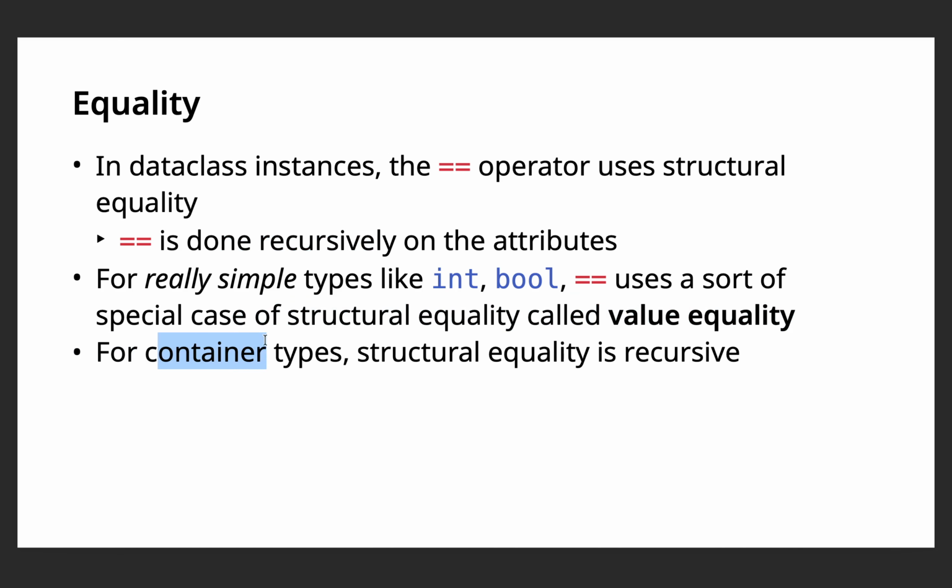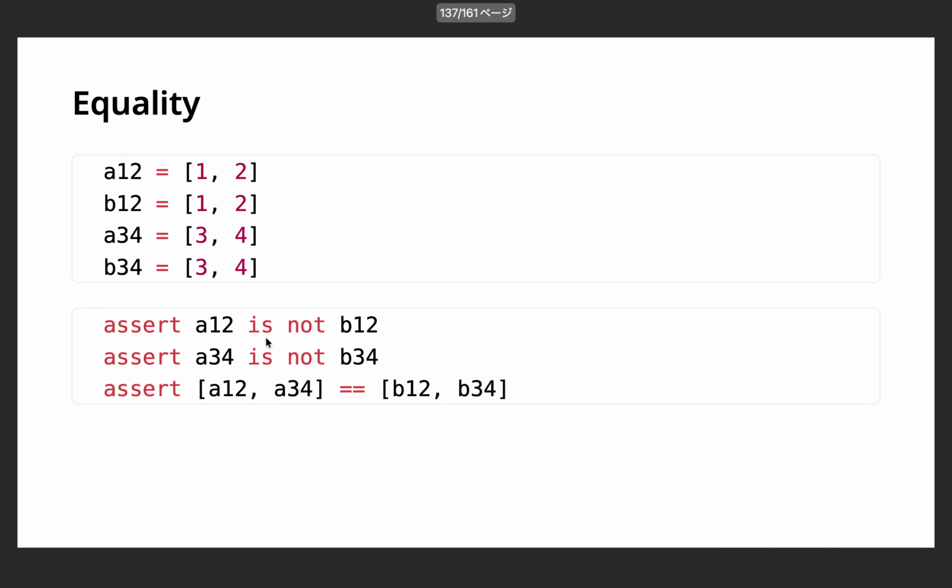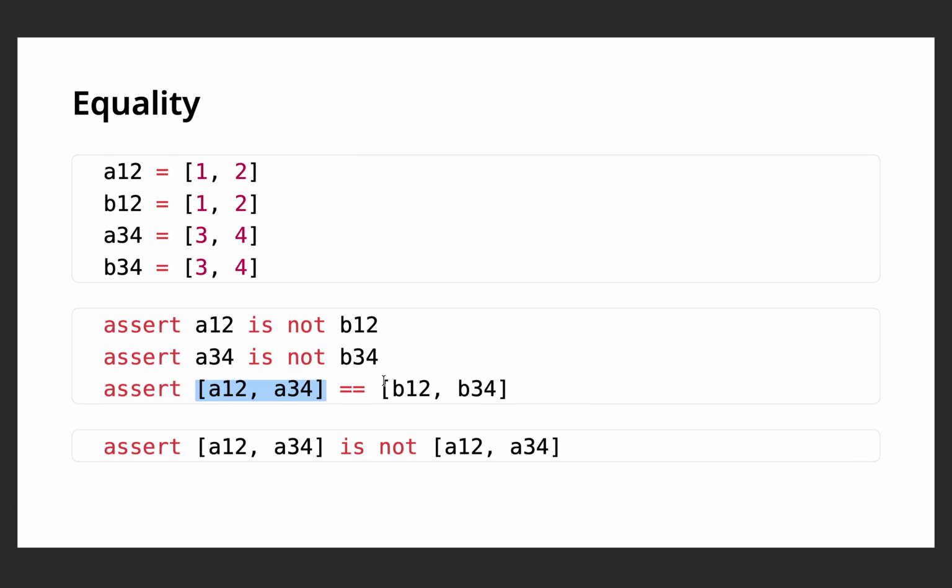Same thing for containers, so sets, dictionaries, lists, and so on. So if we have these examples over here, this is not referentially equal to this list, but if we nest these lists like this, these have the same elements as this, so they are structurally equal. But of course, you're building up different lists in memory, so they are not referentially equal.